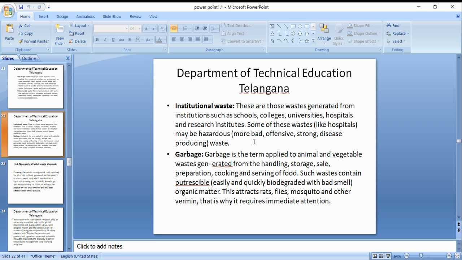In hospitals we will get hazardous, more bad, offensive, strong disease-producing waste. So generally from the hospitals we will get more hazardous, more dangerous waste: sanitation waste, cottons, syringes, injections or bad syringes.